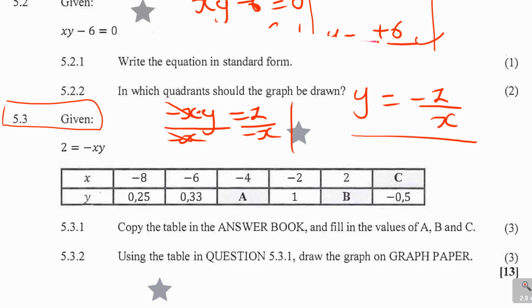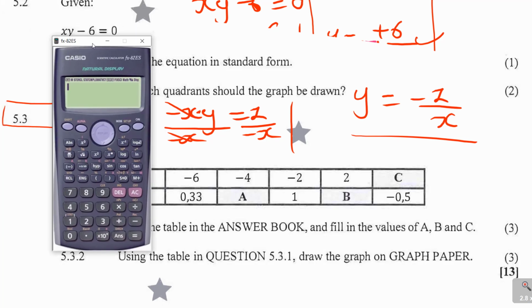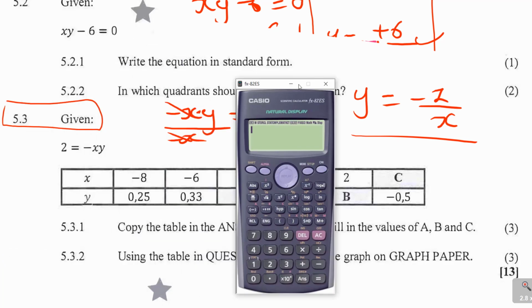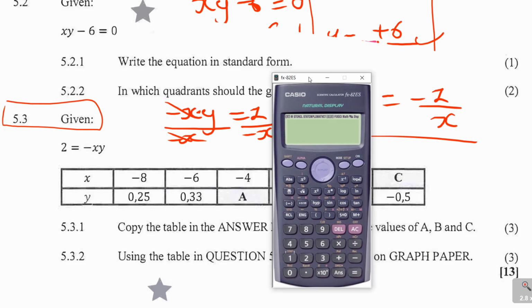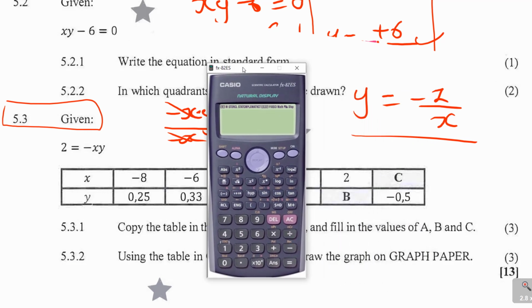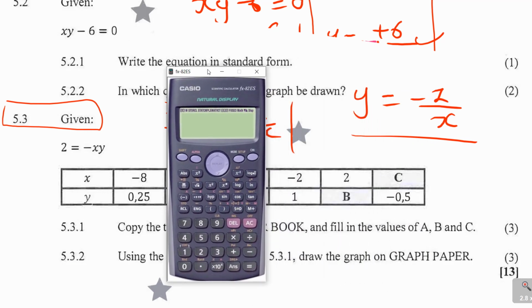Then they ask you to fill up this table. Look at this. Even with your calculator, you could have started to see these numbers shaping up. If I take my calculator, you see, this is my x. I want to see how they got the first one. Remember, y is minus 2 over x.